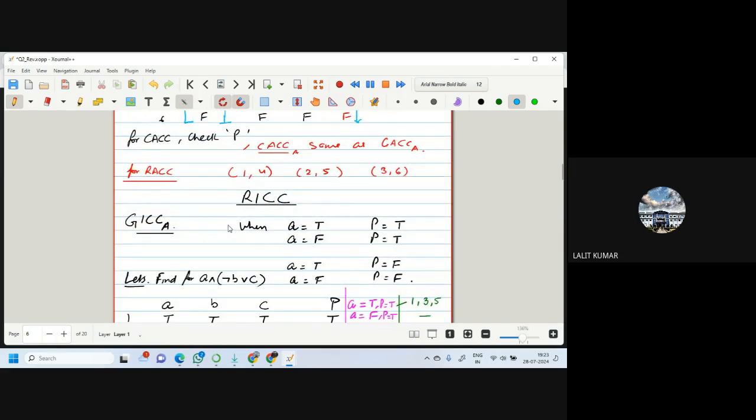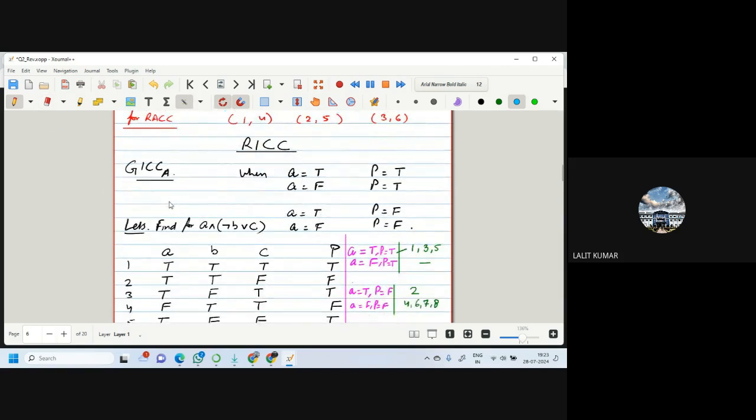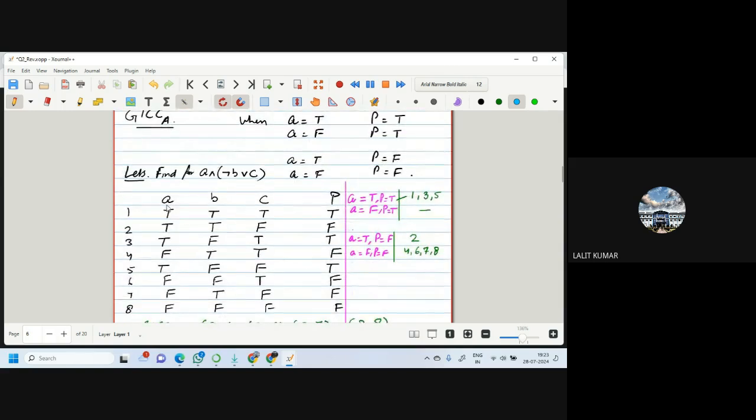Now we come to GICC and RICC. How to find that? For that, there are no fixed steps. Inactive clause coverage means that the clause which I have selected is not determining the predicate.